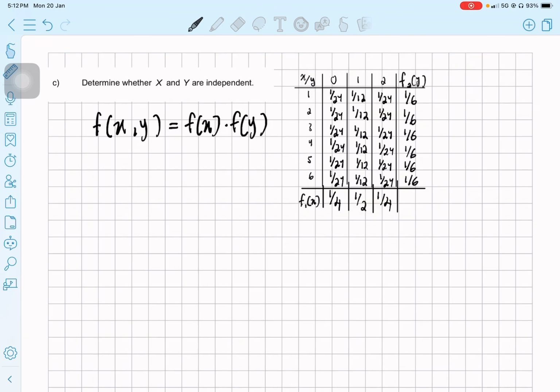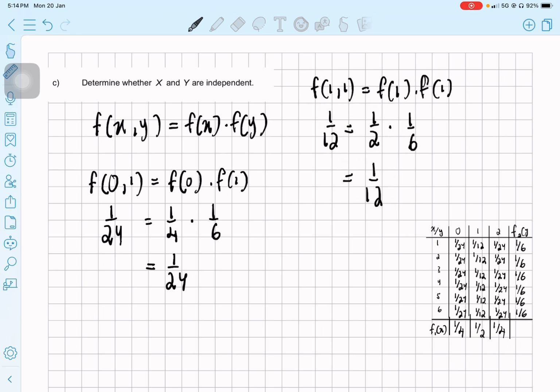For example, we choose f(0, 1), which has our X coordinate as 0. That equals f(0) times f(1). 1 over 24 equals 1 over 4 times 1 over 6. This equals 1 over 24. Since both values are equal, you can say that X and Y are independent.